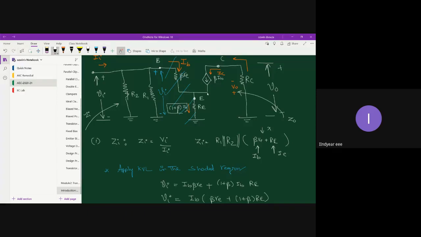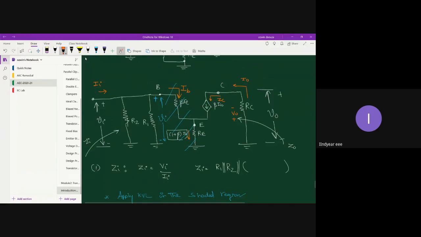Okay. So once you have that, what you can do is, let me erase this. Let me do it neatly so that you will be able to follow.